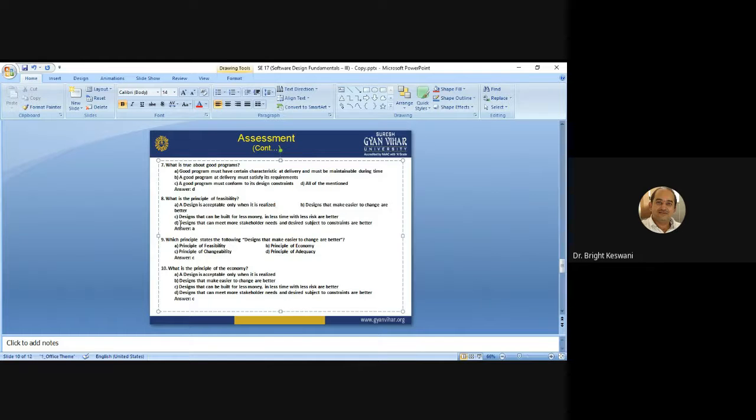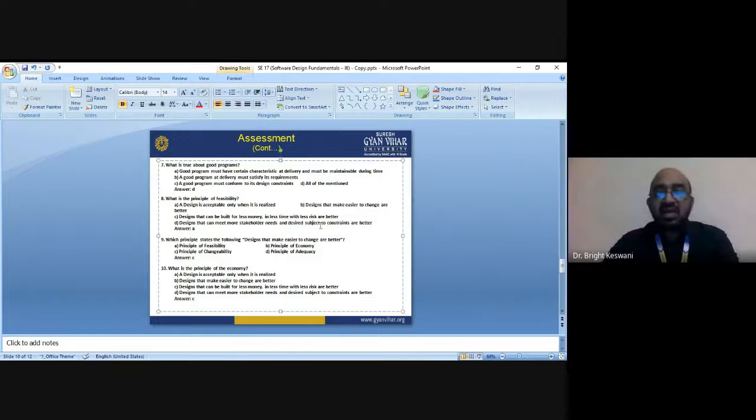And the last one is designs that can meet more stakeholders' needs and desires subject to constraints are better. A design is acceptable only when it is realized is the correct answer of this question. Okay, this is the principle of feasibility.